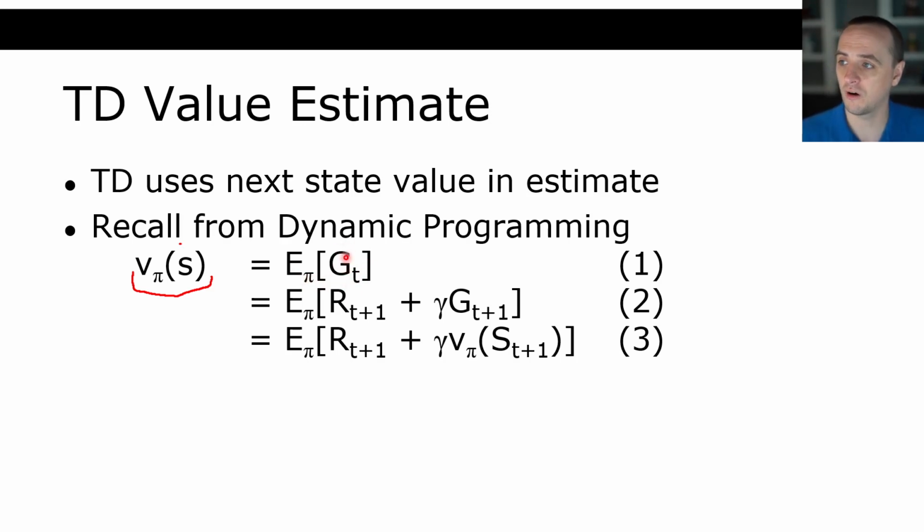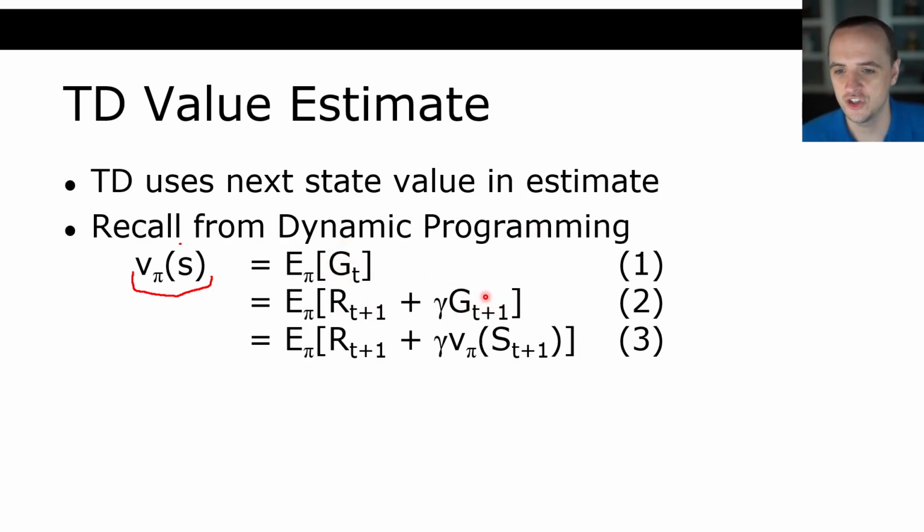But we saw before, way back, we can turn G of t into, this is just the sum of future rewards, right? So G of t plus 1 times gamma plus the next reward is also that same value. Remember, this here, G of t, is equal to this here.